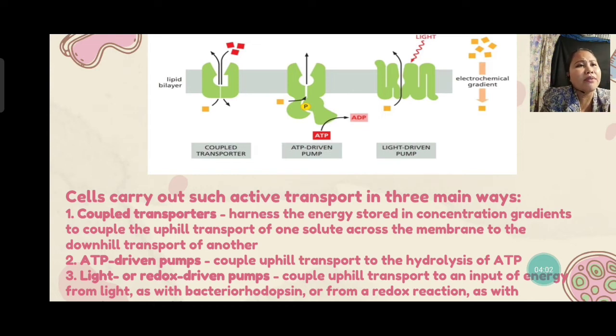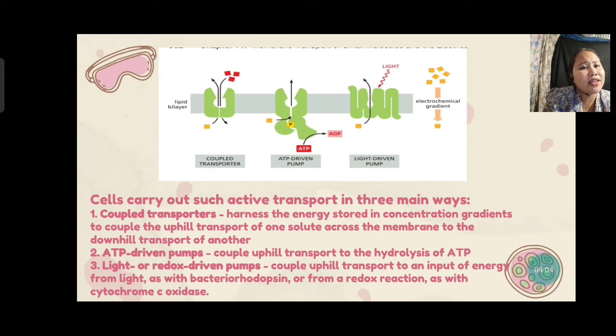The ATP-driven pumps couple the uphill transport to the hydrolysis of ATP. The third way is light or redox-driven pumps, which couple the uphill transport to an input of energy from light, as with bacteriorhodopsin, or from a redox reaction, as with cytochrome C oxidase.